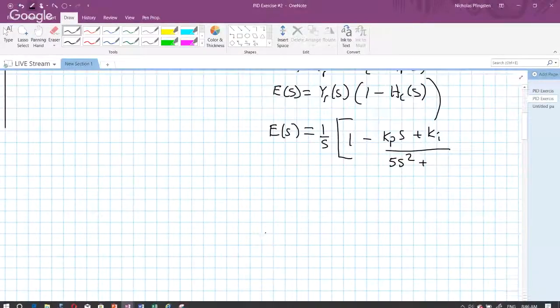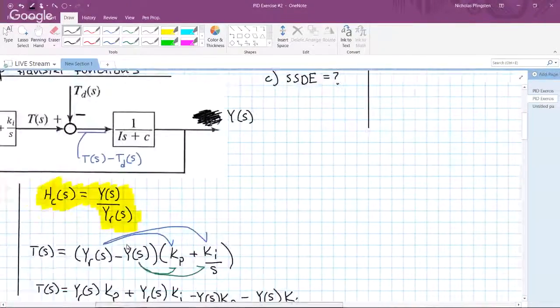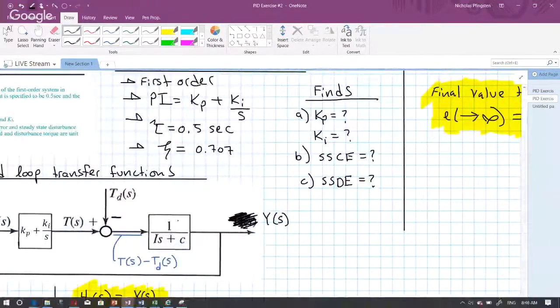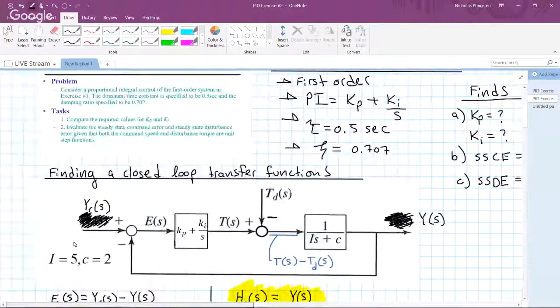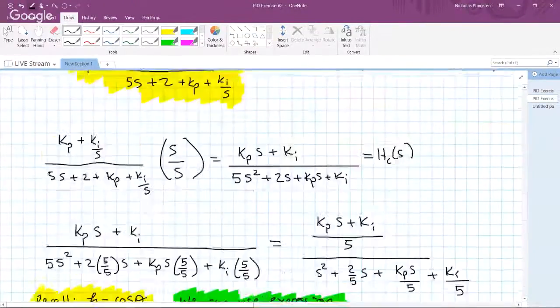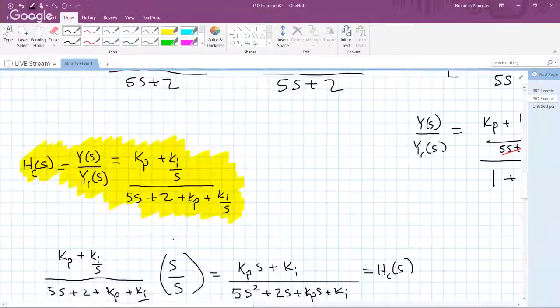What was our KP value? I'm going to say it's 18. Yes, KP value is 18.